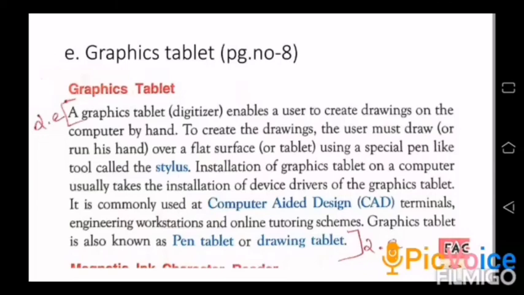Installation of a graphics tablet on a computer usually takes the installation of device drivers of the graphics tablet. It is commonly used in computer-aided design terminals, engineers' workstations, and online tourist schemes. Graphics tablet is also known as the pen tablet or drawing tablet.